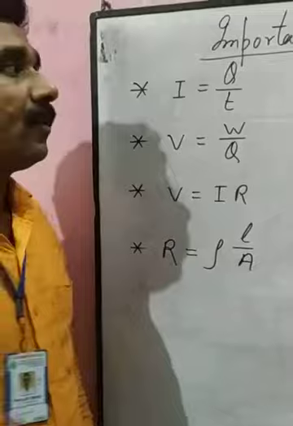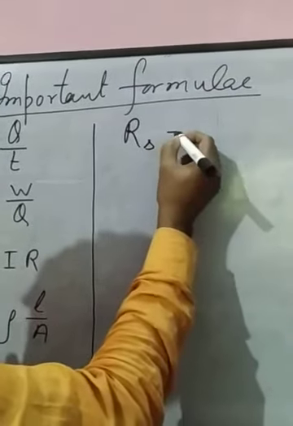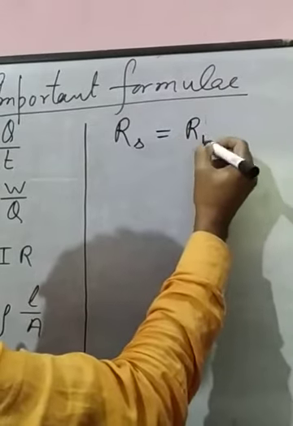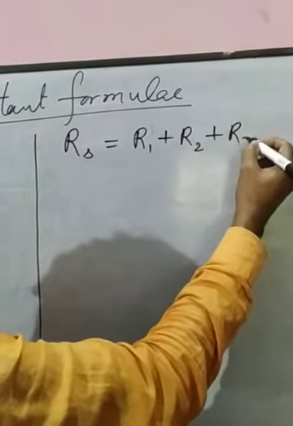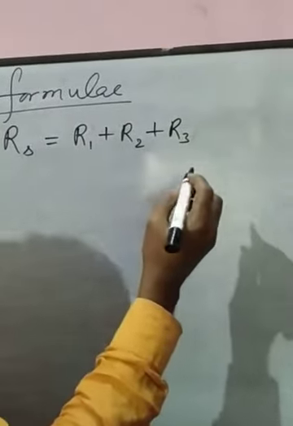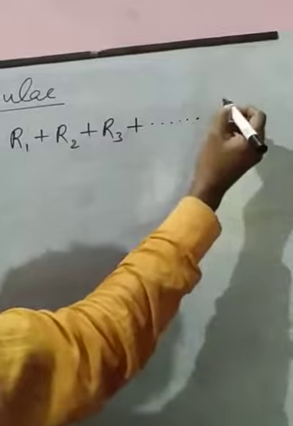The fifth formula is Rs is equal to R1 plus R2 plus R3, and if the number of resistors is more, then we will add them further.